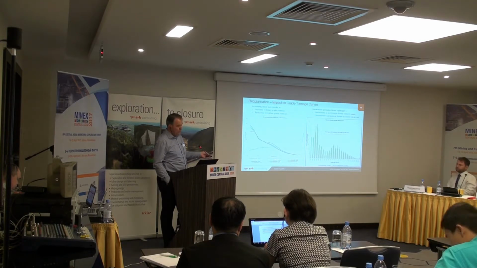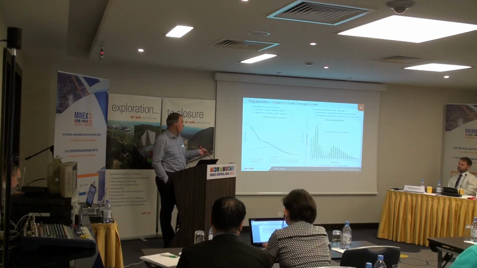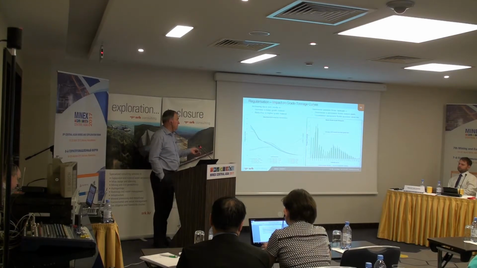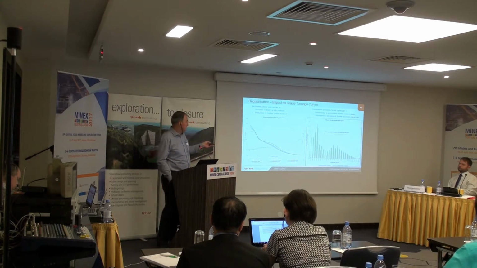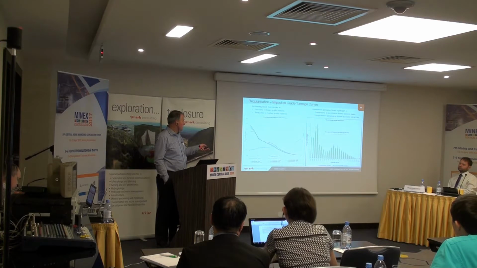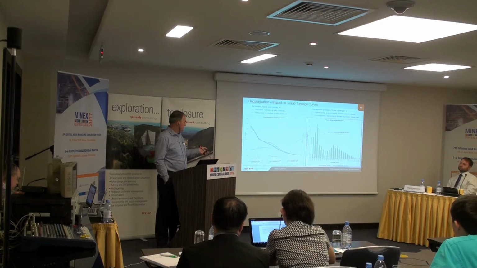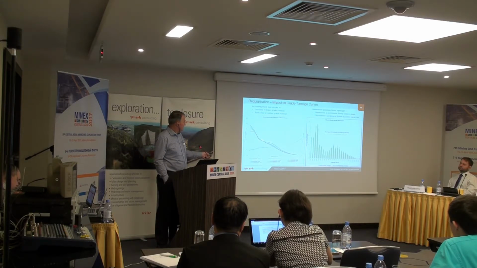The overall impact of this whole process is quite straightforward, and this sort of demonstrates that process. What you see here is a couple of graphs. The one on the left, a grade tonnage curve. The original grade tonnage curve is in black.